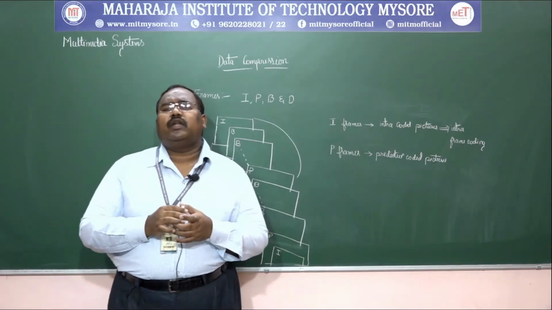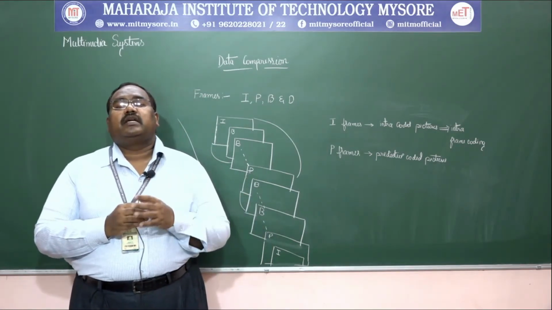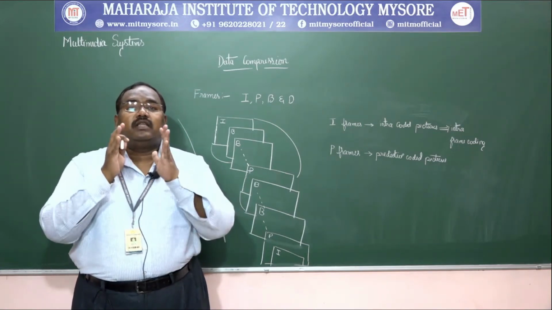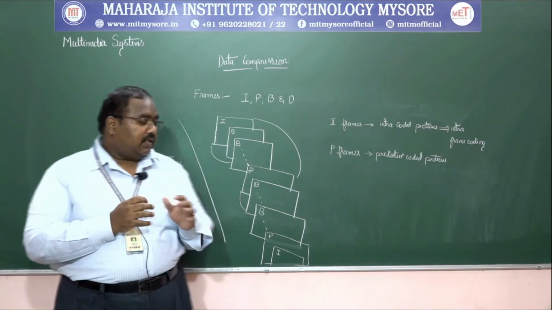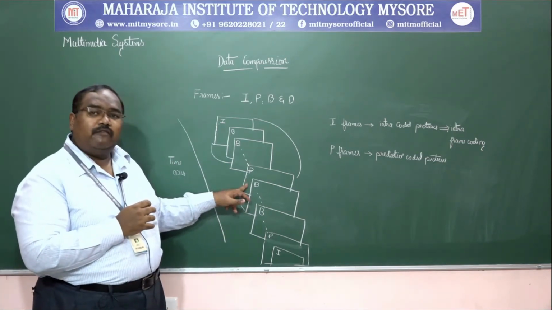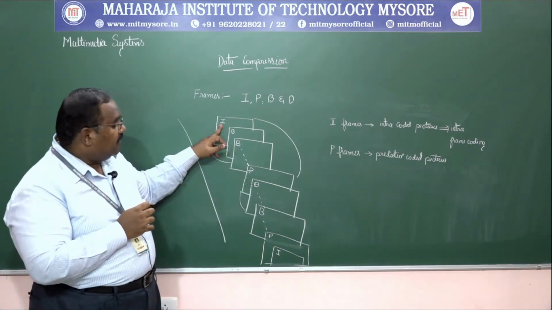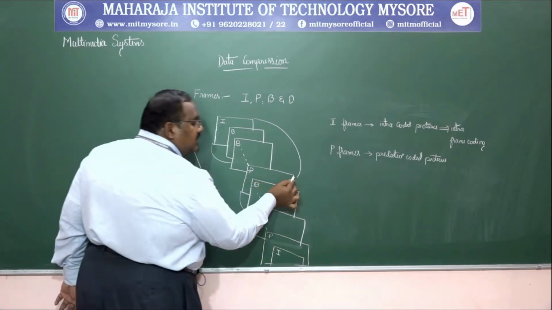When we talk about decoding of a P-frame, it requires decompression of at least the last I-frame. It means when I talk about the decompression of a P-frame, it needs to know which was the previous I-frame. That's why there is a link.